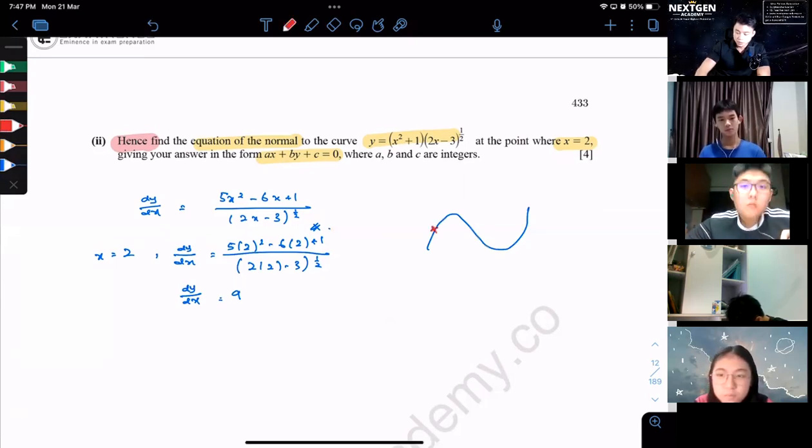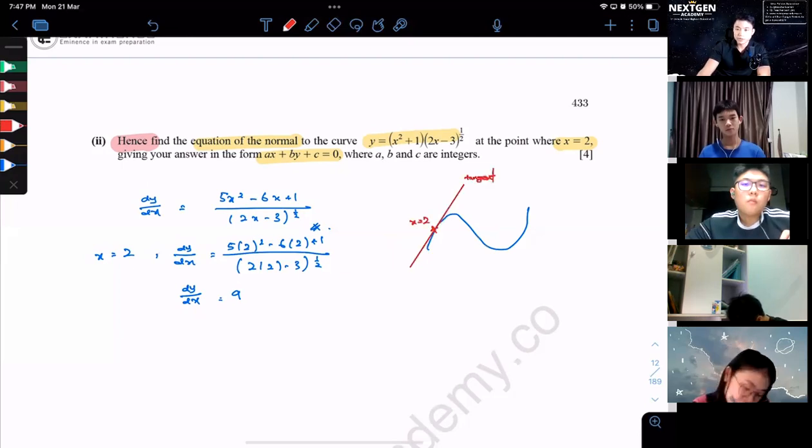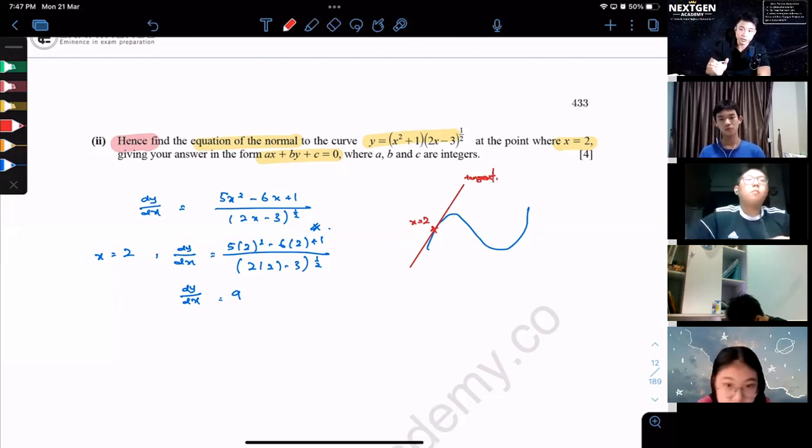When we find the gradient at a particular point, it will always be the tangent line. It's not any line that passes through, so it is always the tangent line. So you just need to know this fact, even though we just say we are finding the gradient, it's actually the gradient of the tangent. So dy over dx equals to 9.